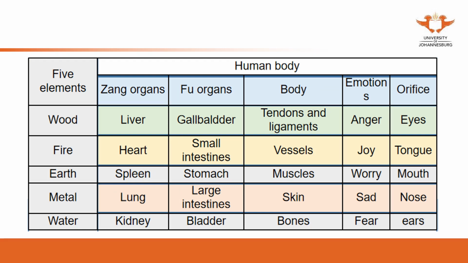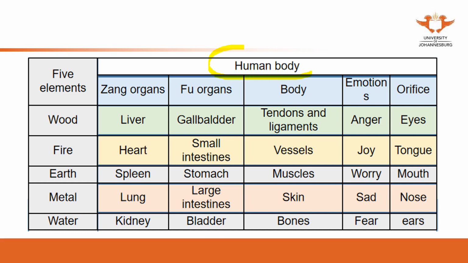When we look at the human body, these are the relationships between the 5 elements and the internal organs. This is very different from anatomy, and also from conventional medicine. In conventional medicine, you study anatomy by different systems: skeletal, vascular, muscular. Then you put these systems together and it becomes a human body.